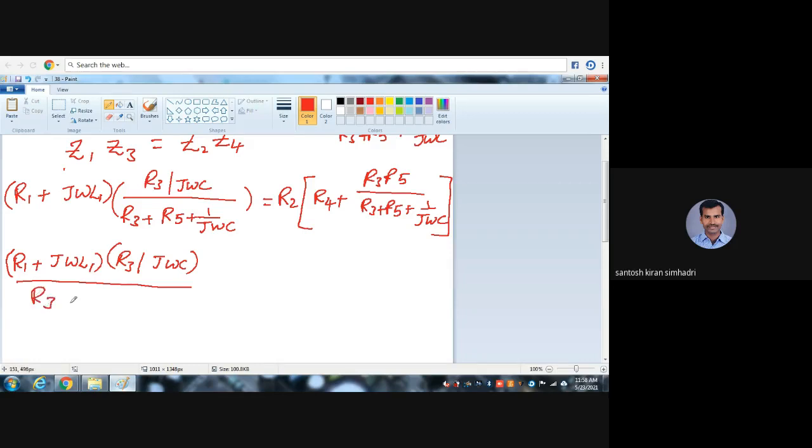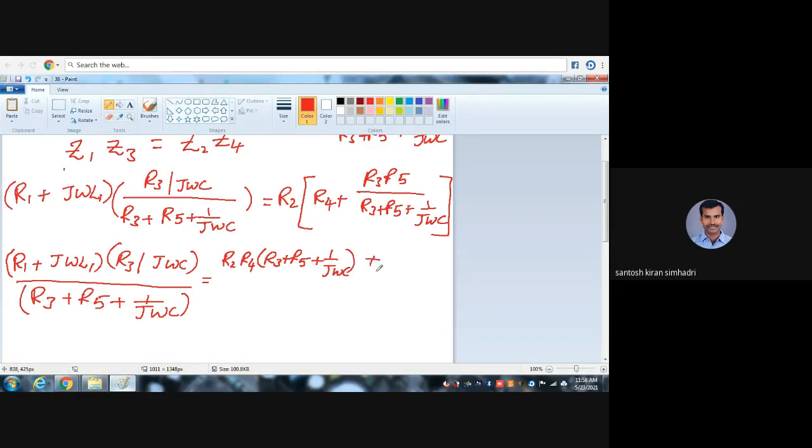The next one is R3 plus R5 plus 1 by j omega C. I will multiply each and every equation with R2 into R4, R2 into R3 into R5. In parallel, I will do the LCM also. So I will write here in small letters R2 into R4, small bracket opened, R3 plus R5 plus 1 by j omega C. Then what is the next one?